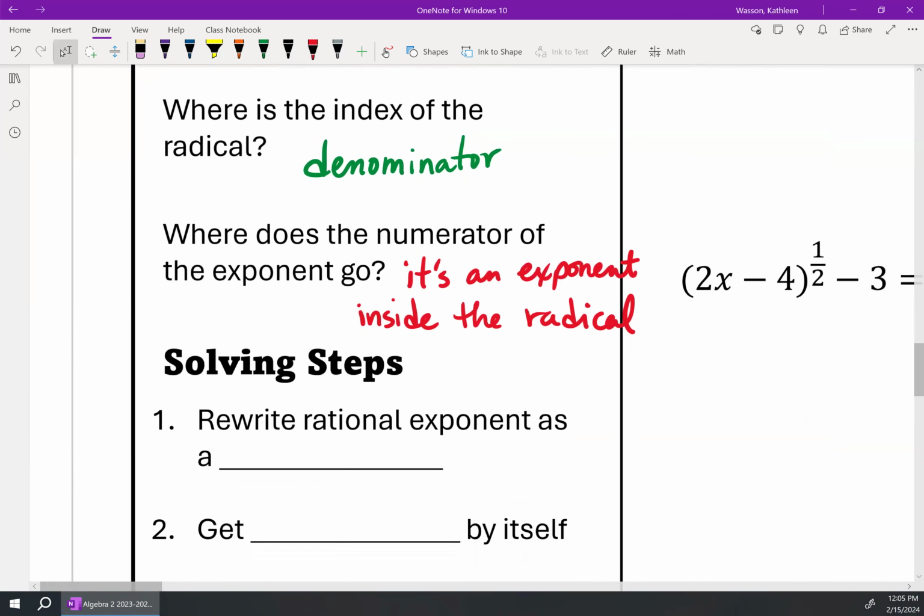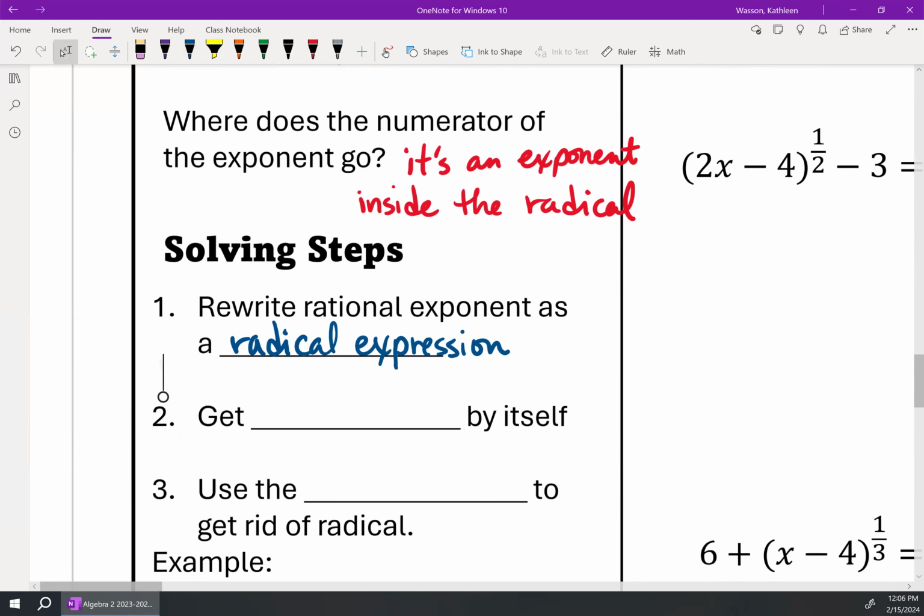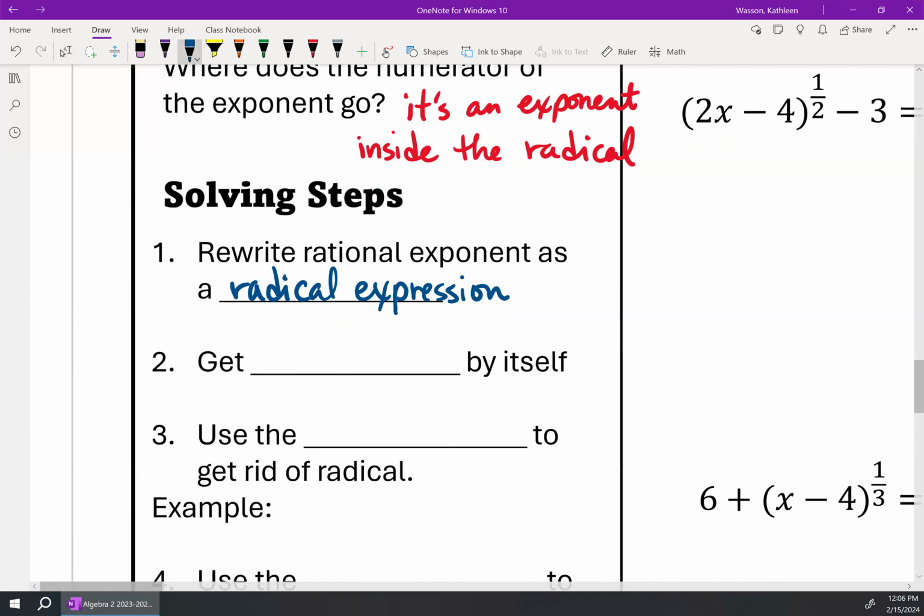To solve equations that have rational exponents, you can rewrite the rational exponent as a radical expression. Then you have to isolate the radical, just like the other radical equations that we solved. So you get the radical by itself.